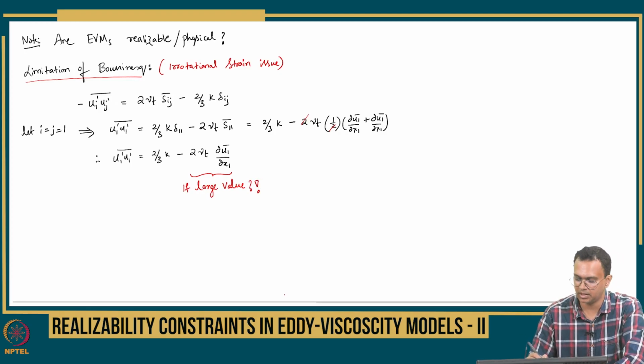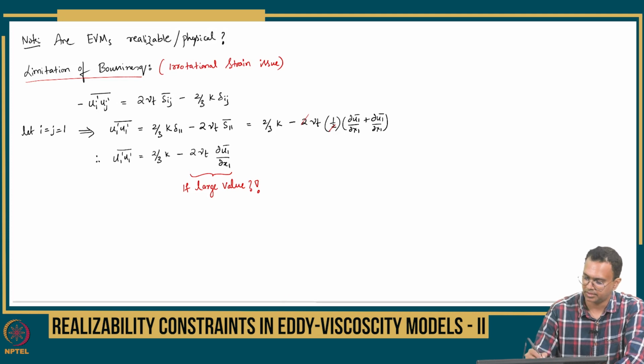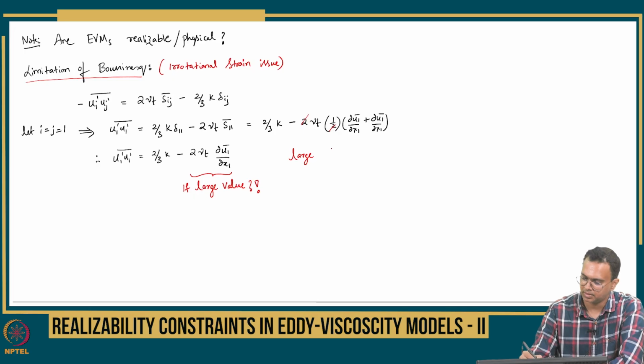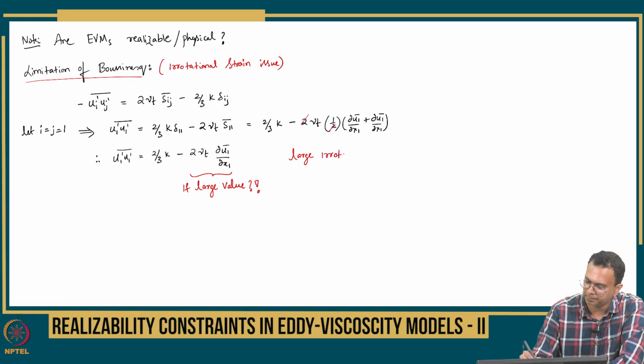If this becomes very large, that means large irrotational strain, right? dou u1 bar by dou x1 is an irrotational strain, it's not a rotational part, it's a volumetric strain. So large irrotational strain.